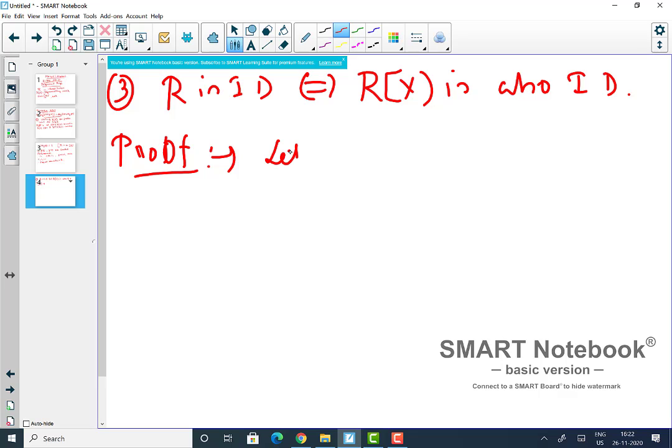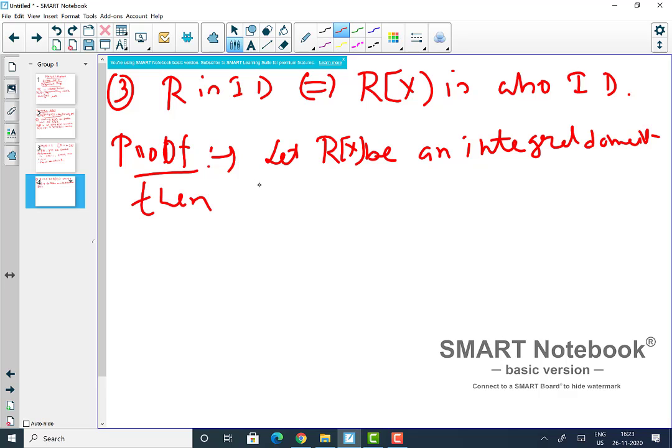Let R[x] be an integral domain. Okay, then R is an integral domain, right? This is trivial. What does that mean?